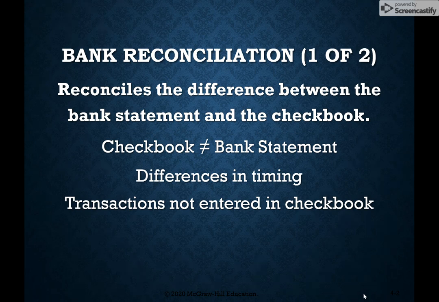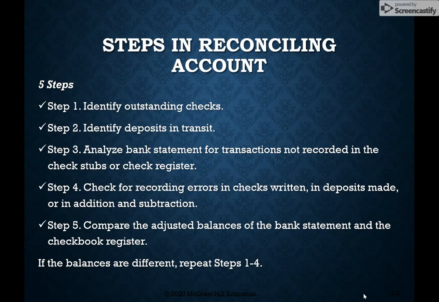So what I always say all the time here is you don't have to memorize anything. What you just need to do is think about it and see where the difference is coming from. In our text, the book gives us a list of 5 steps to make the process of bank reconciliation simpler.